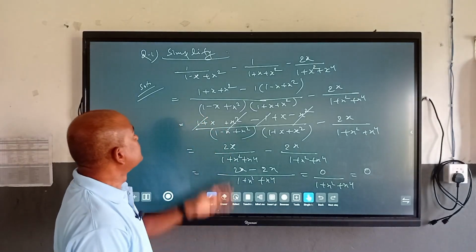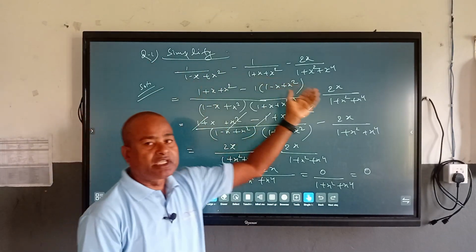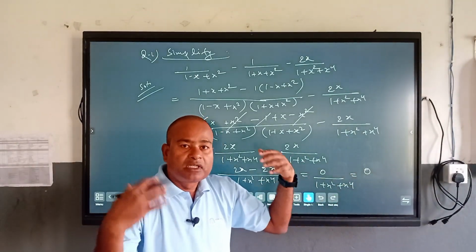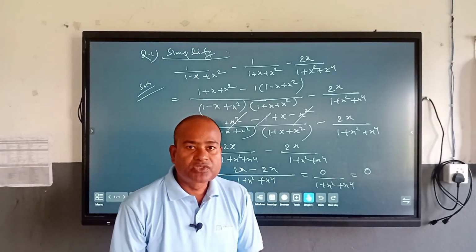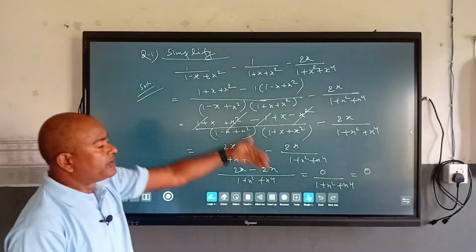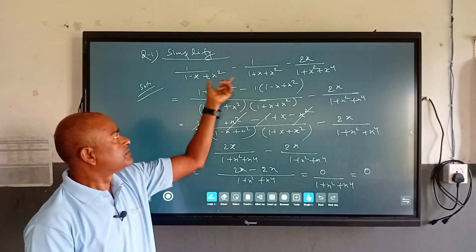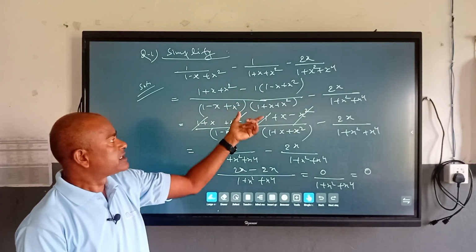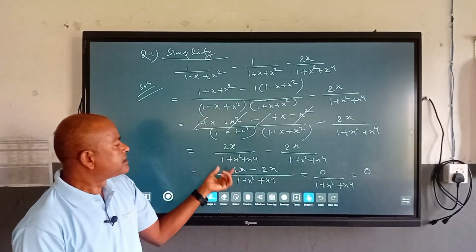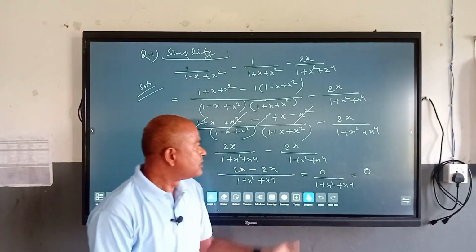So dear students, after simplification, the given rational expression has the solution equal to 0. The simplification is very simple. First we take the LCM of the first two expressions, and if we do just crisscross, we get 2x over 1 plus x square plus x power 4.